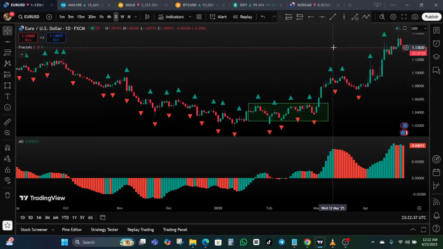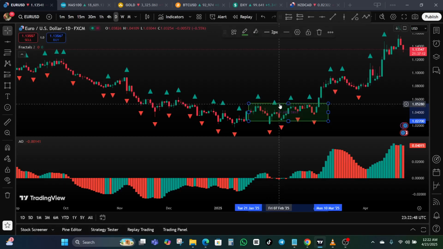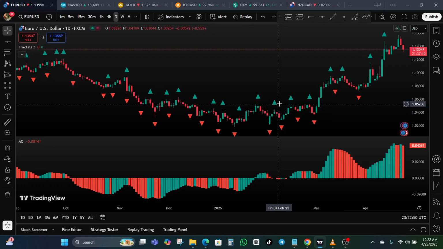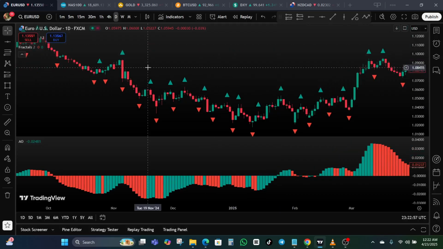These are simple five-bar patterns that mark potential breakouts. Remember that this strategy is focused on the daily chart.